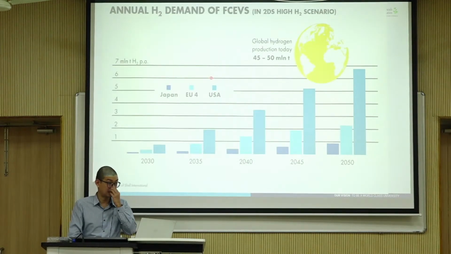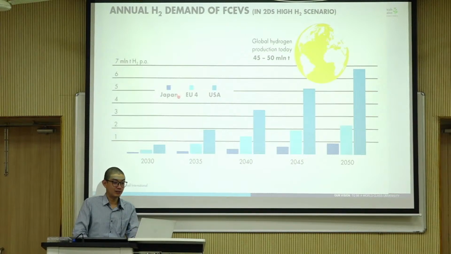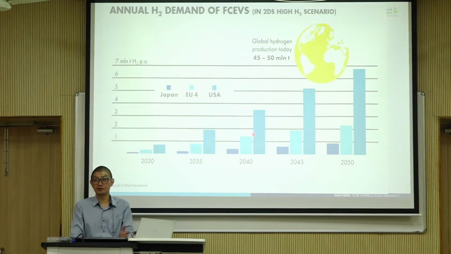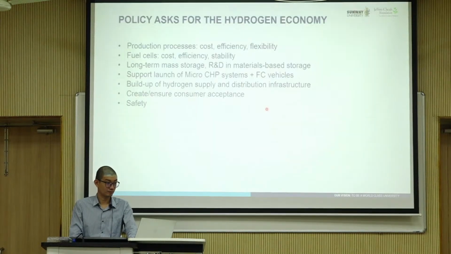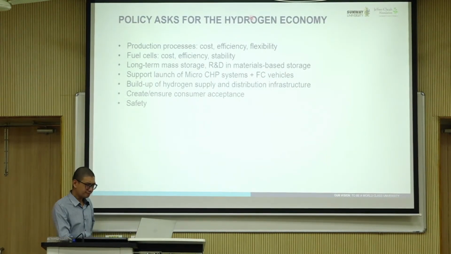So this one is the annual hydrogen demand. As I mentioned just now, basically the Japan, Europeans, and US demand keeps increasing. So this is the opportunity that you have. Then the policies for the energy economics.